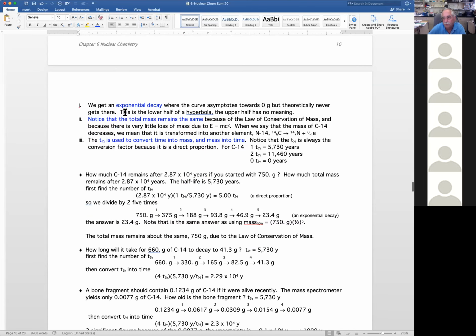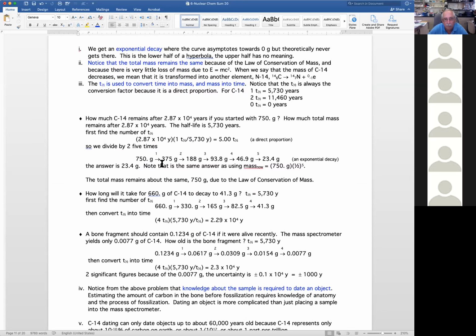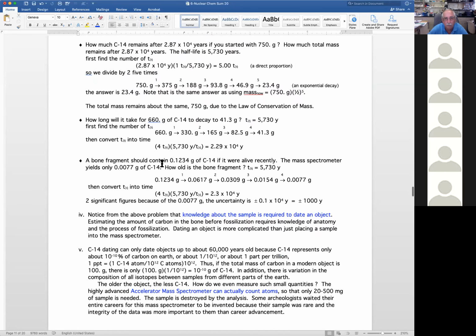So here's the words that were coming out of my mouth. And then let's just do a couple of problems. So how much carbon-14 remains after so many thousand years if you start with 750 grams? And the second is how much total mass remains after that period of time?